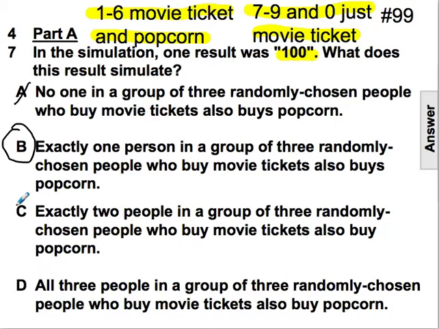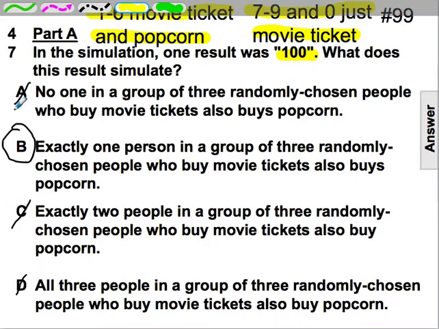So B works, but let's check the other 2 just in case. C, exactly 2 people in a group of 3 randomly chosen who bought movie tickets also bought popcorn. That's not true because these 2 people just bought movie tickets. And D, all 3 people in the group of 3 who bought movie tickets also bought popcorn. This is also false because only 1 person bought both. So in this case, B is our correct answer.